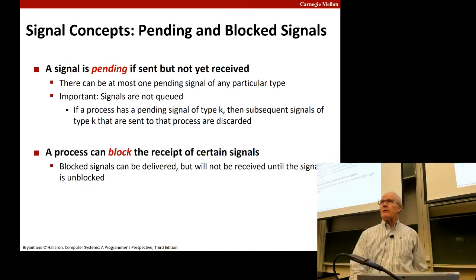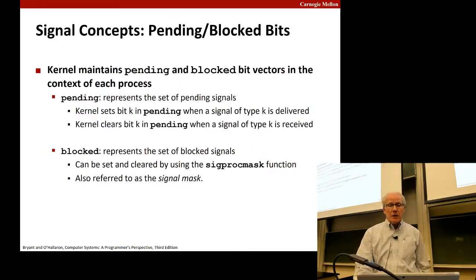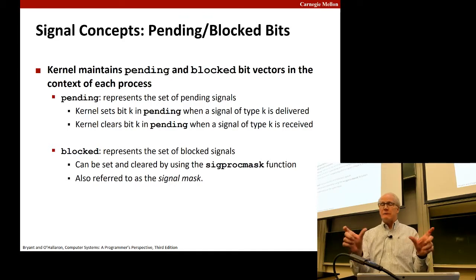It's also possible to block certain signals. In general, the kernel for each process is maintaining these 2 bit fields: one is the set of pending signals, and the other is the set of blocked signals.